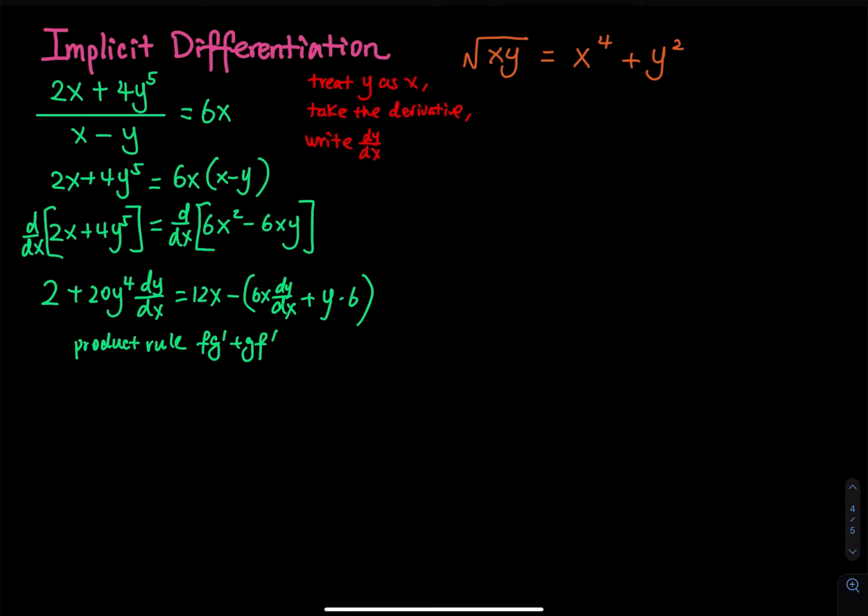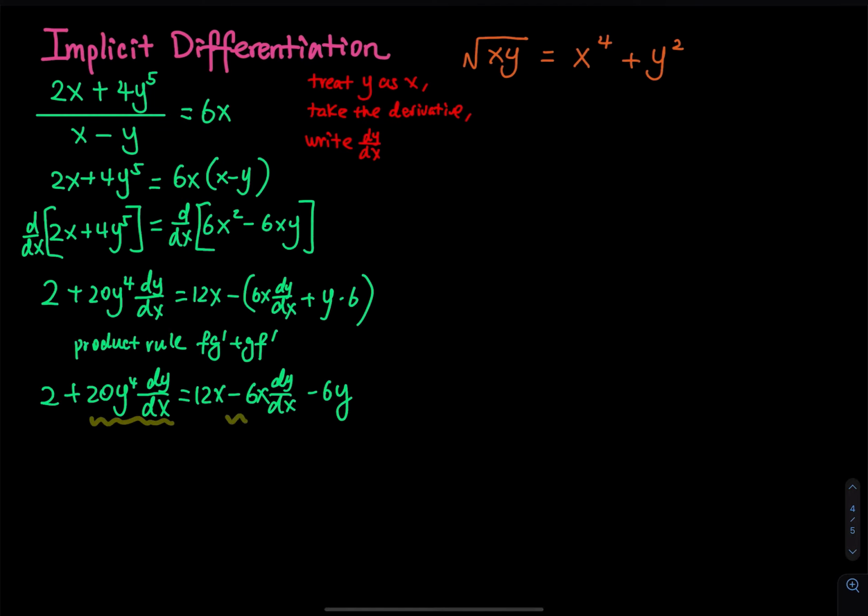Alright then. The next step is we will have to distribute the minus, and then we put all the dy/dx on one side and the rest on the other side. So we have (2 plus 20y to the fourth) dy/dx equals 12x minus 6x dy/dx, and then minus 6y. Let's keep this on the left and move this to the left, and everything else goes to the right.